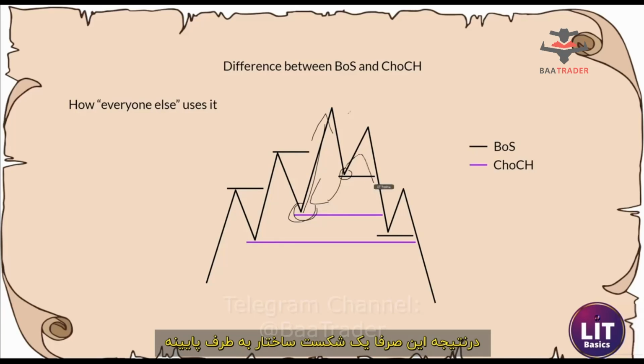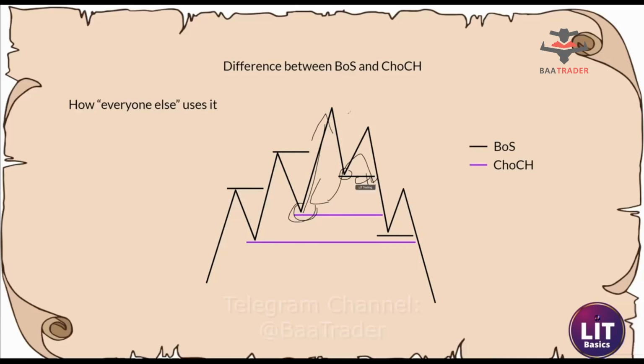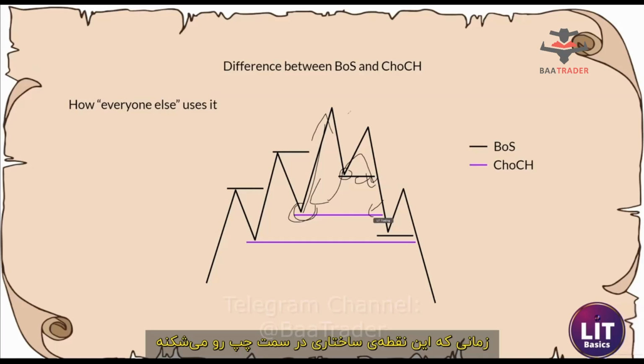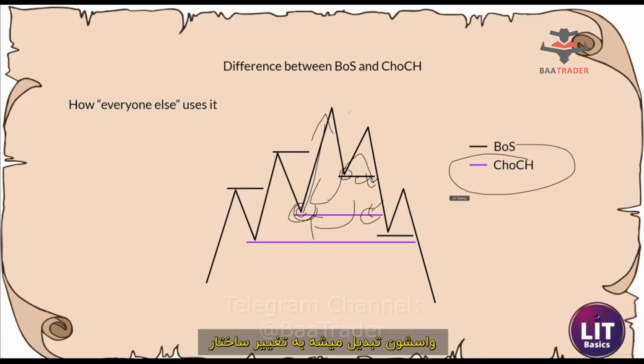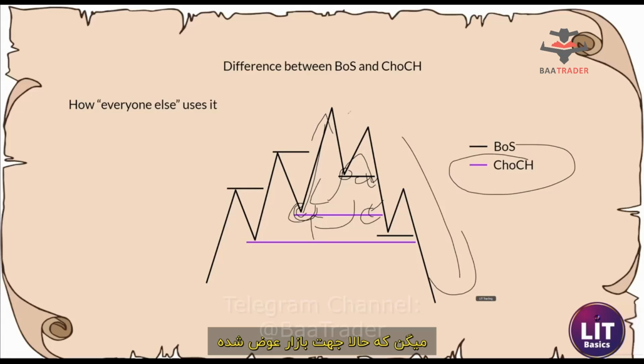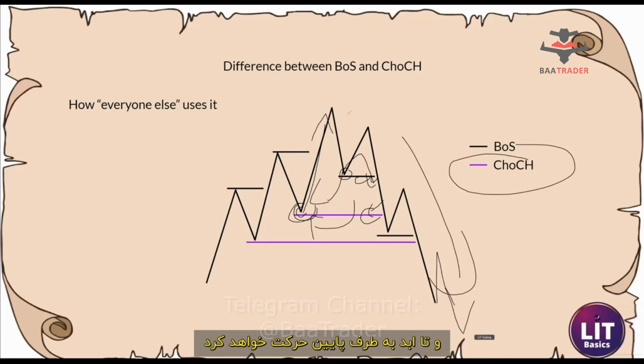So this one is just a break of structure to the low side. But then the moment it takes out this structure point to the left, it becomes their CHoCH, or change of character, and all of a sudden they say the shift of the market changes, and then of course it goes on forever to the downside.